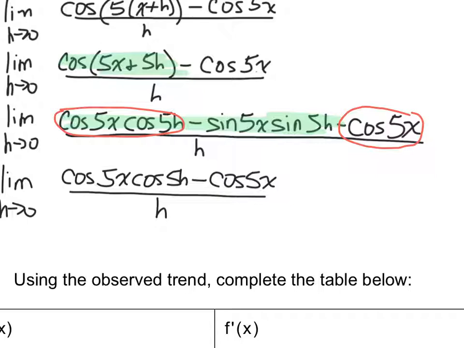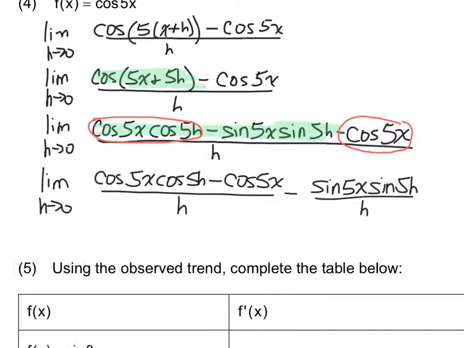Then from that, I'm going to subtract off everything else basically. So sine 5x, sine 5h, all over h.